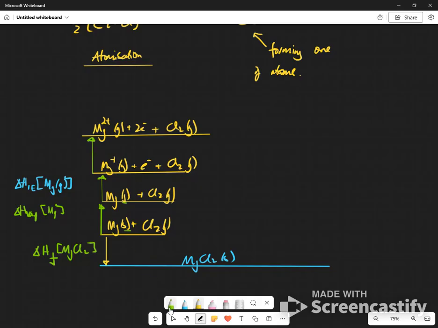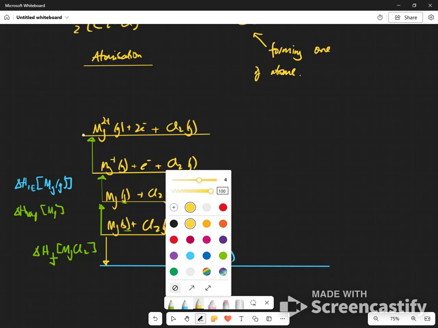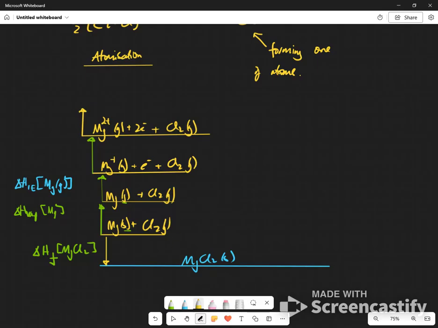Next thing I want to do is break up the chlorine now into atoms. Okay, so there's another change here. All right, and what's this one? This one is Mg2+ gas plus 2 electrons plus 2 chlorine atoms. Okay, so I've got the chlorine like that. Now I want to add an electron to my chlorine.